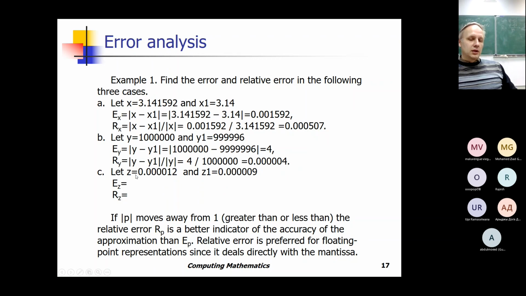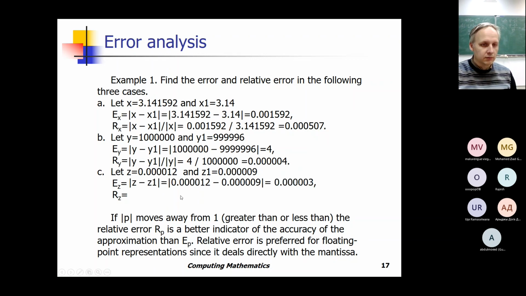Suppose that the real value z equals 0.000012 and our approximation z1 equals 0.000009. All the values are small.